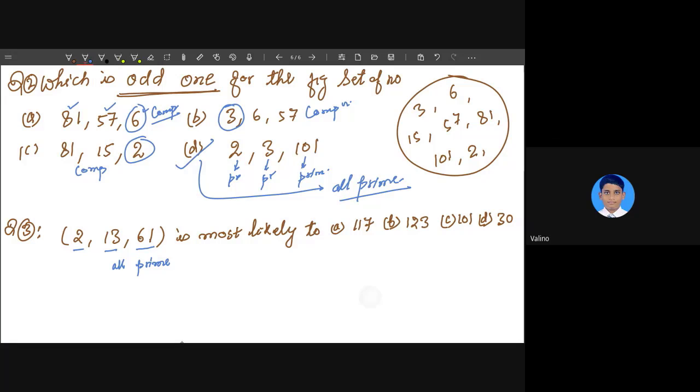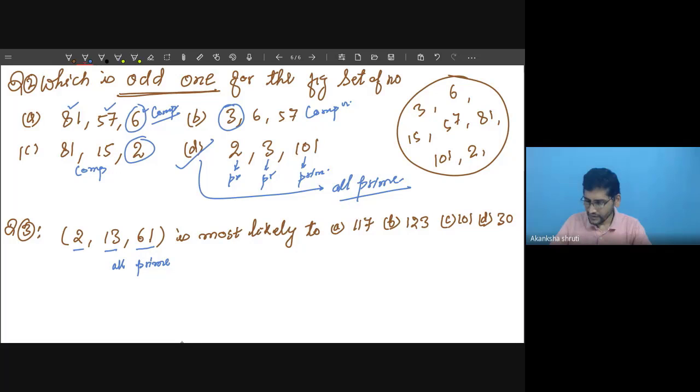Now 117, whether 117 is prime? It is divisible by 9, or even divisible by 3. So divisibility plays a very important role. 7 plus 1 plus 1 is 9, and 9 is divisible by 3. So 117 is divisible by 3, so it is not prime. So this is not possible.